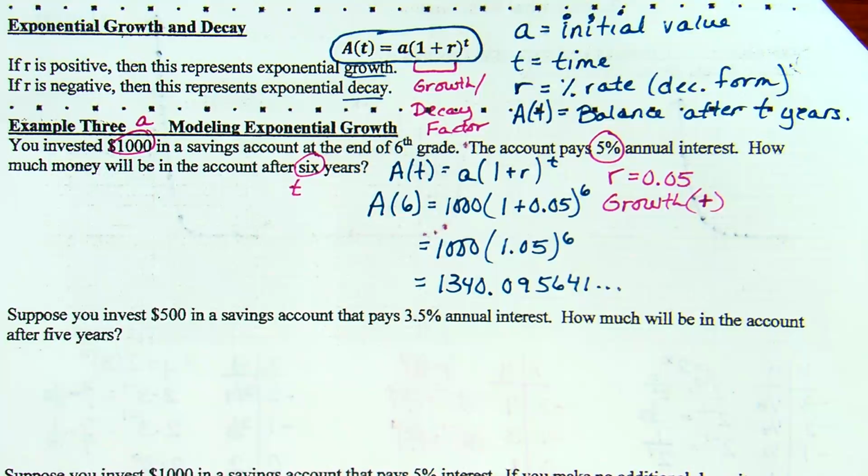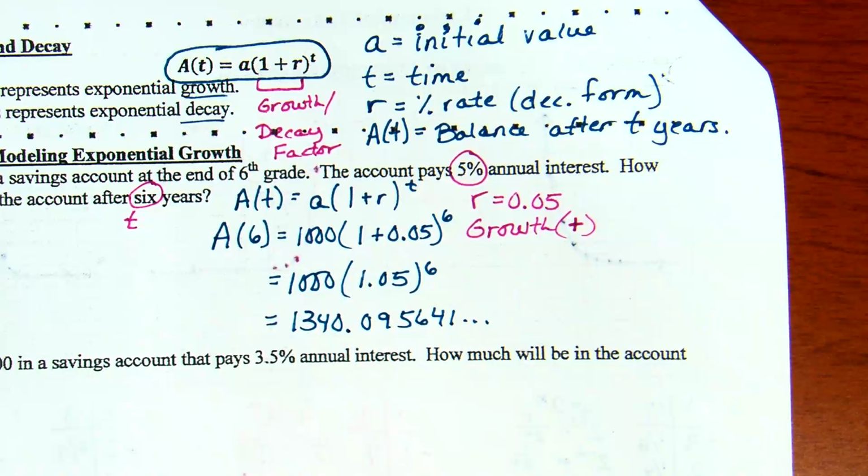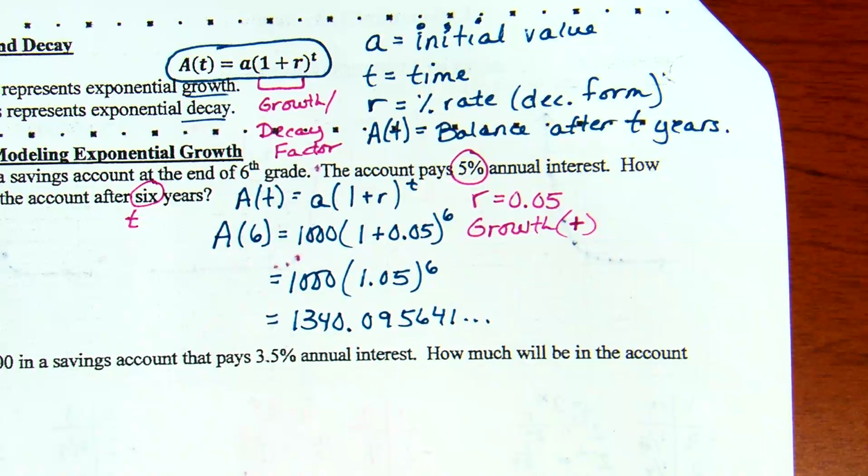No. What kind of answer do I want? This is what kind of answer? Money. Money always goes how many decimal places? 2 decimal places unless told otherwise. I don't want the nearest dollar. I don't want the nearest dime. I want the nearest penny.